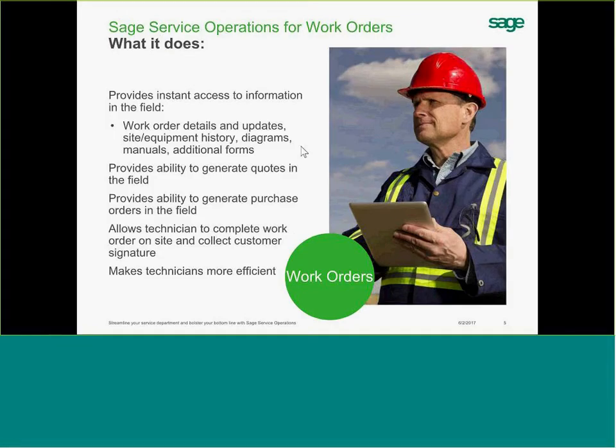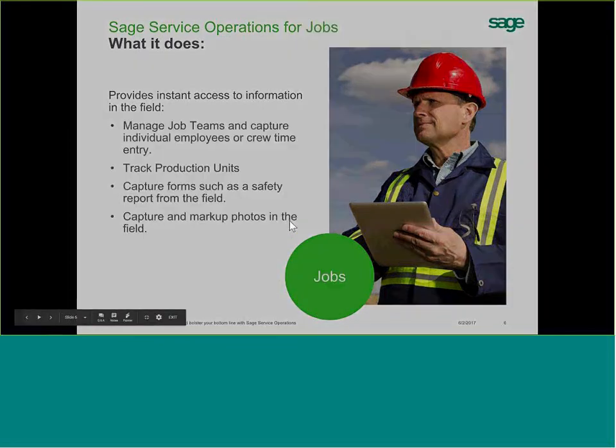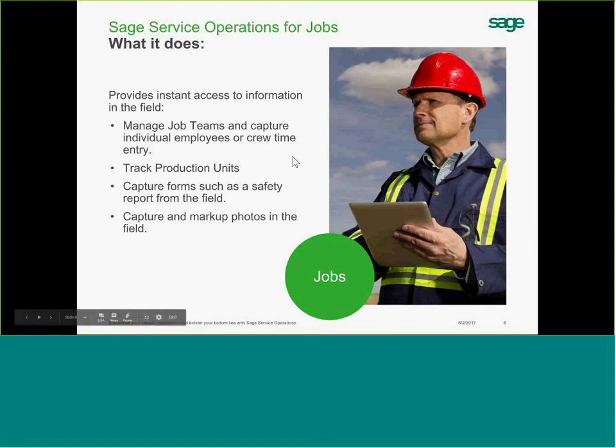All right, so what does it do? We're going to go through a lot of this, but obviously we can manage work orders, capture signatures in the field, generate quotes, generate work orders, and update work order detail on the service management work order side of things. On the construction side of things, we can manage our job teams and capture time entry for those jobs and identify the cost codes for those time entries. We can also track production units.